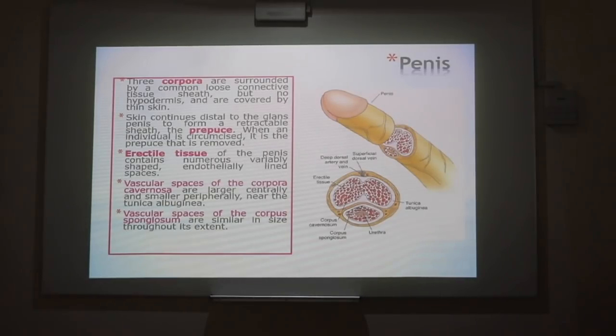Nitrous oxide is important in increasing cyclic GMP, and cyclic GMP is the one which actually relaxes the smooth muscles and increases the spaces of these vascular spaces.